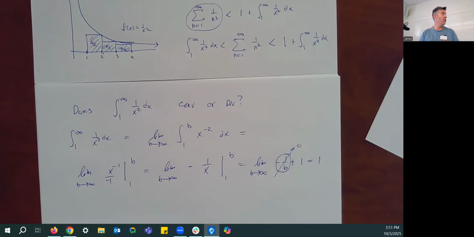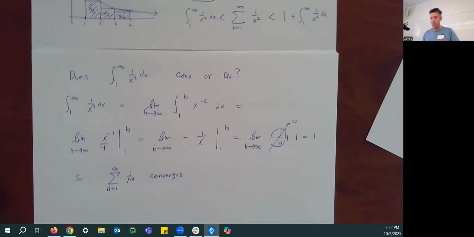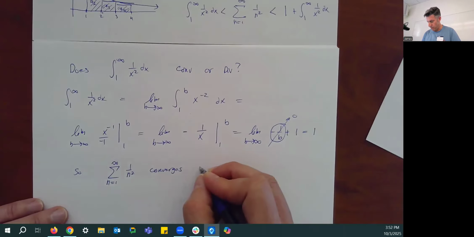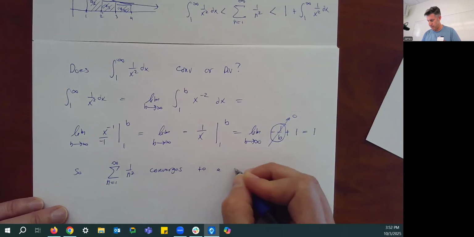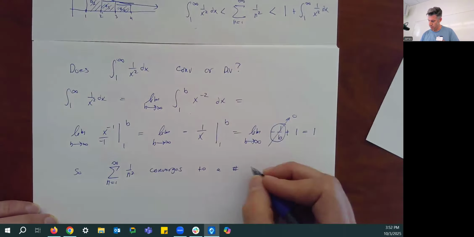So all we know from this work is that my series from n equals 1 to infinity of 1 over n squared converges. We don't really talk about the value, but I'll point out this value is between 1 and 1 plus 1.